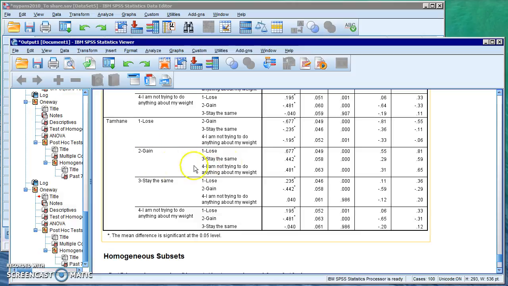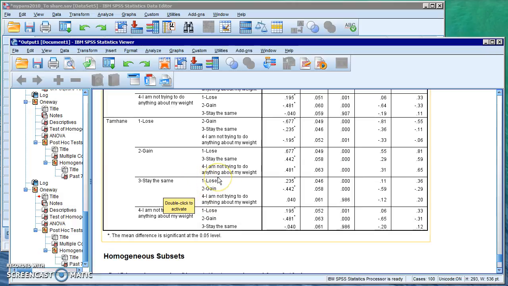And so we can also look at people who are trying to gain weight. Are they different than people who are trying to stay the same? And they are significantly different. They are also different from the people who aren't trying to do anything. And they are. We can also look at people trying to stay the same.